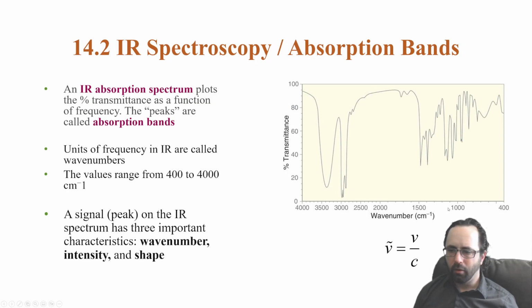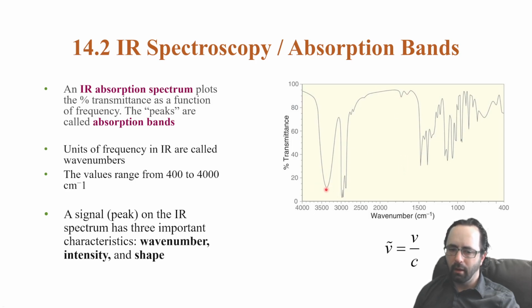The values range from about 400 wave numbers to about 4000. And we have particular parts of these shapes that we're interested in. For example, what is their wave number position? What frequency? Is it over at 3500 or is it over here, at 1500? The intensity. Notice that some of these peaks are not very intense. They don't have a lot of absorption.